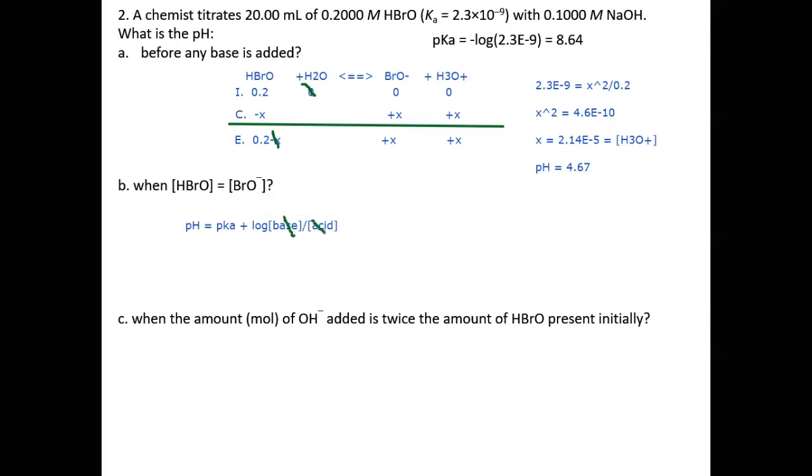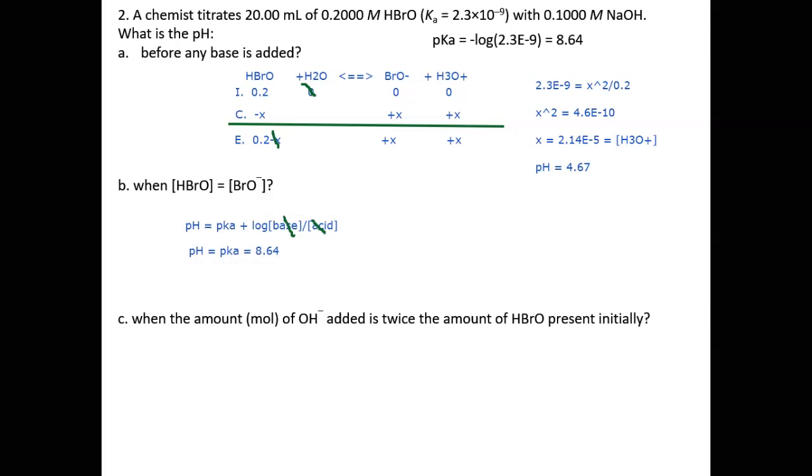And the log of 1 is 0, so pH equals the pKa, and the pKa is 8.64. pH equals pKa, which equals 8.64. And so that's the pH when the concentration of weak acid equals the concentration of weak base.